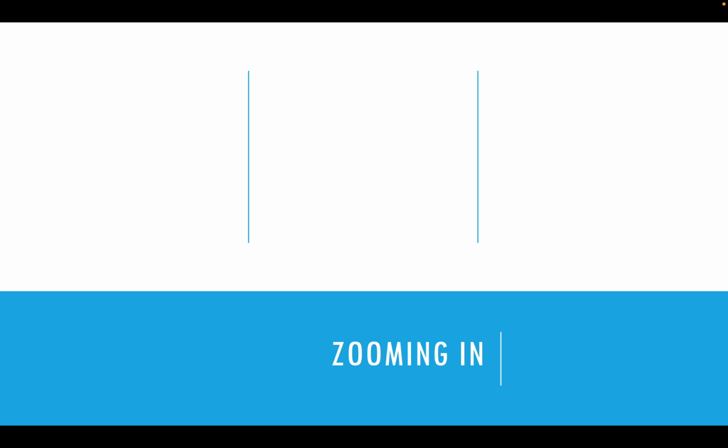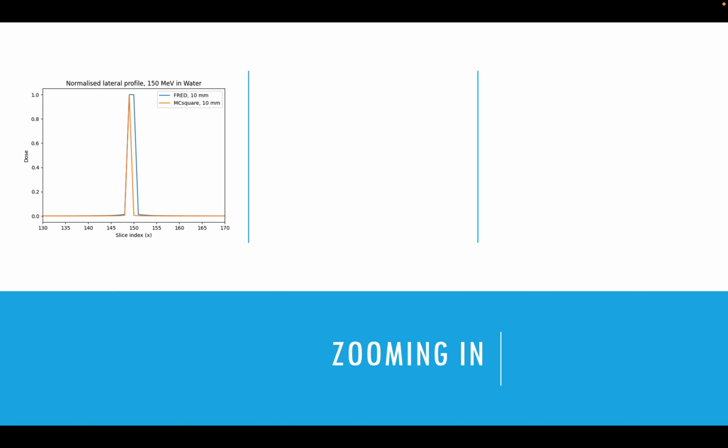Then once you zoom in, you realize FRED has broader multiple Coulomb scattering than MC square. This is quite evident at the entrance. This is just 10 millimeter inside the phantom in the direction through which the proton beam is coming. You can clearly see that FRED has a wider lateral profile or lateral peak.